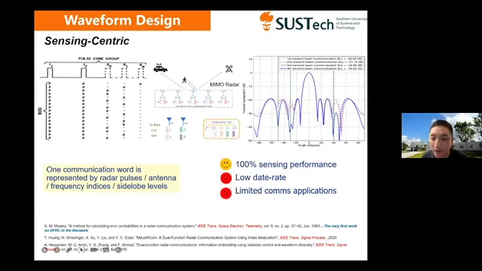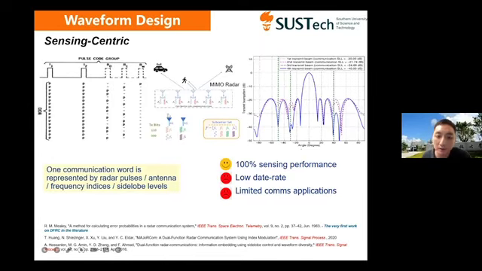For example, this is the very first work on dual-functional radar communication, or ISAC, in the literature, which uses pulse interval modulation to carry information bits on the radar pulses. And this is another design published in 2016, where we have a MIMO radar. We use the main beam to do target detection and use the side lobes to transmit information.